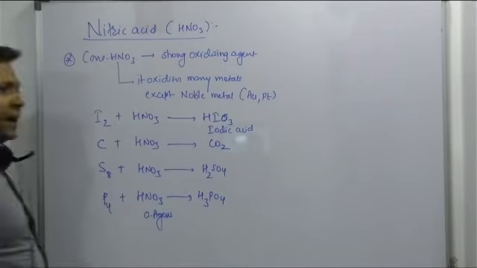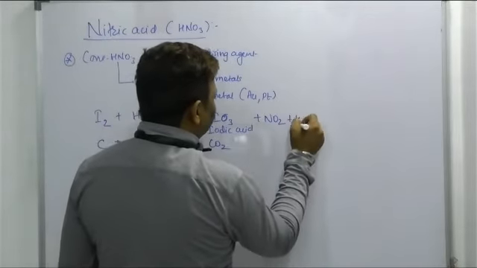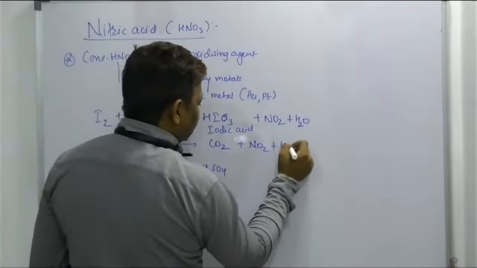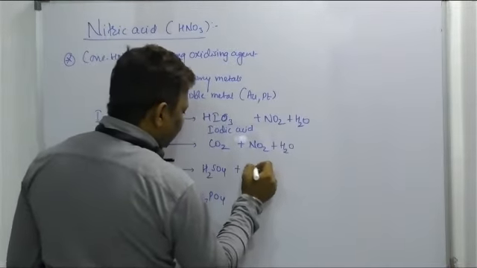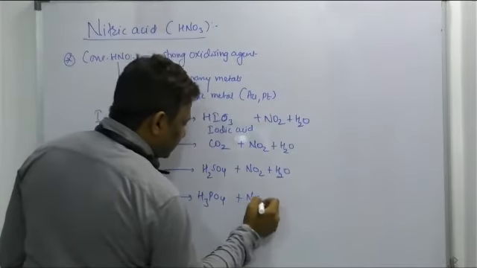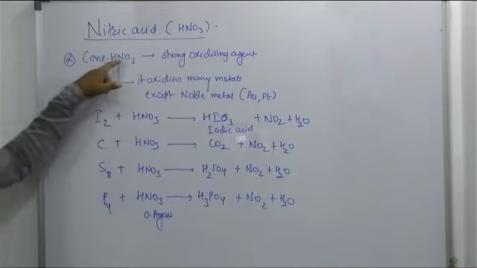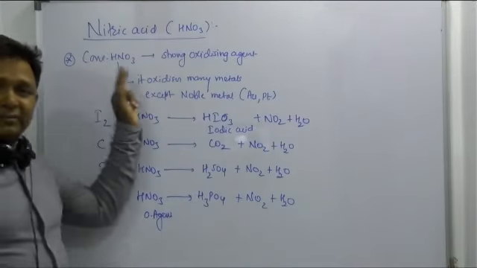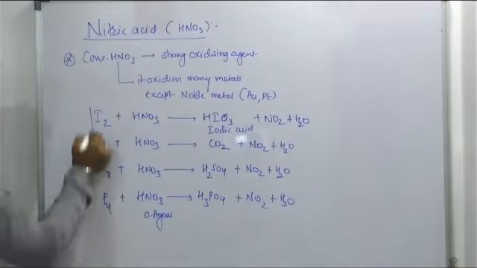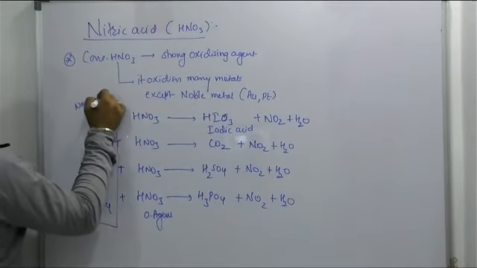But the remaining byproduct is common. What is that? NO2 plus water. Here also NO2 plus water, and here also NO2 plus water. See, acting as a strong oxidizing agent, it can oxidize metals except noble metals, but it can oxidize non-metals also.